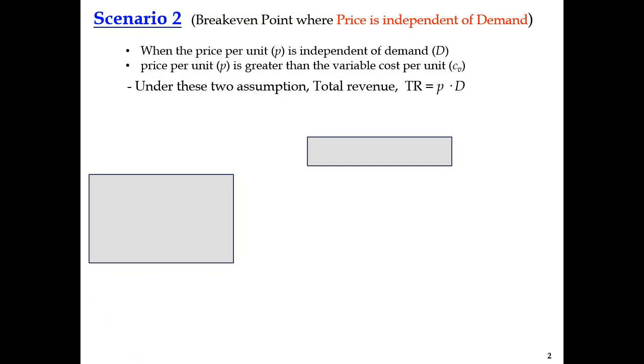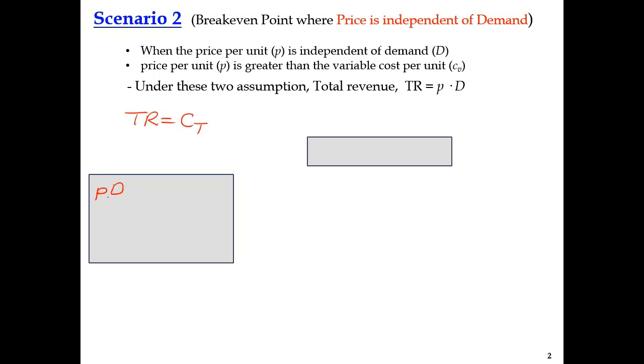In order to find the break-even point, we will have total revenue, which is P times D. Remember, for the break-even point, total revenue should be equal to the total cost, which sometimes, as I told you, we write as CT.